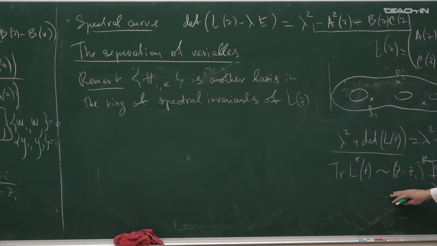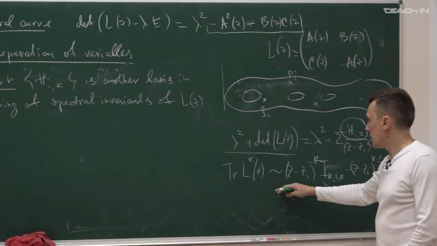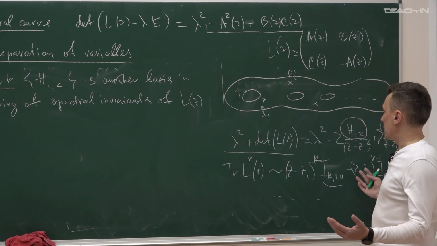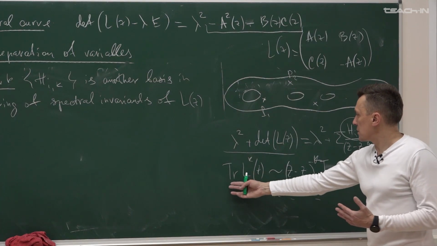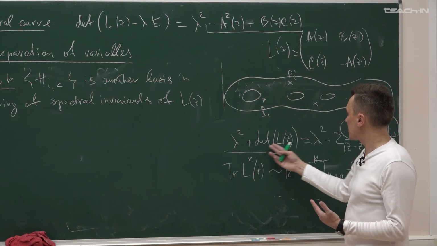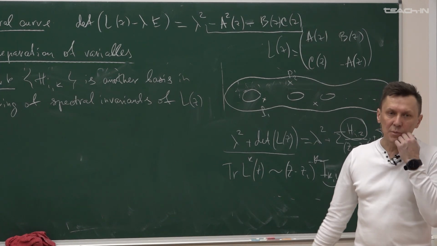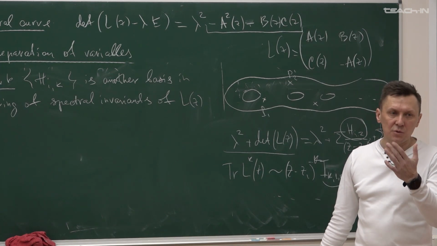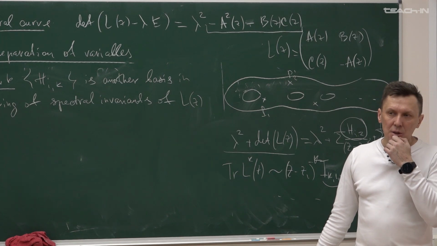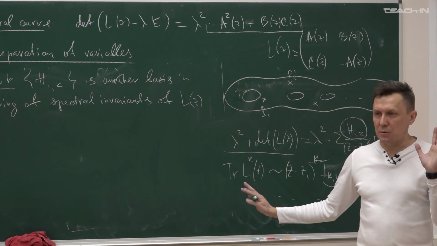It was part of your home task and of the last lecture that in place of considering traces of powers, we can consider the coefficients of the characteristic polynomial. It is just another basis in the same space of functions. Is it approximately clear?